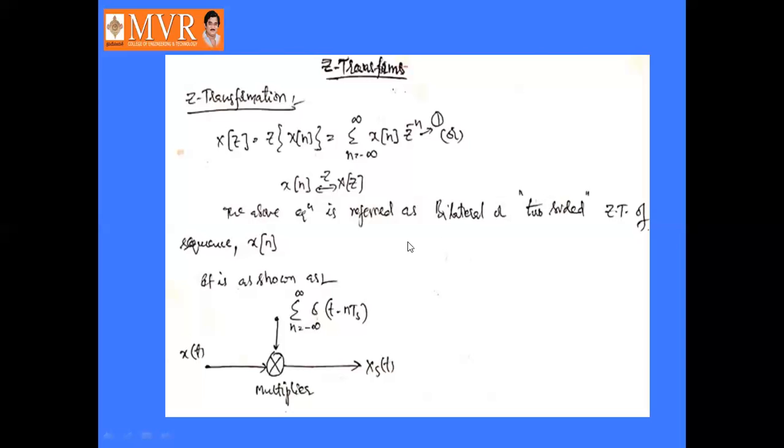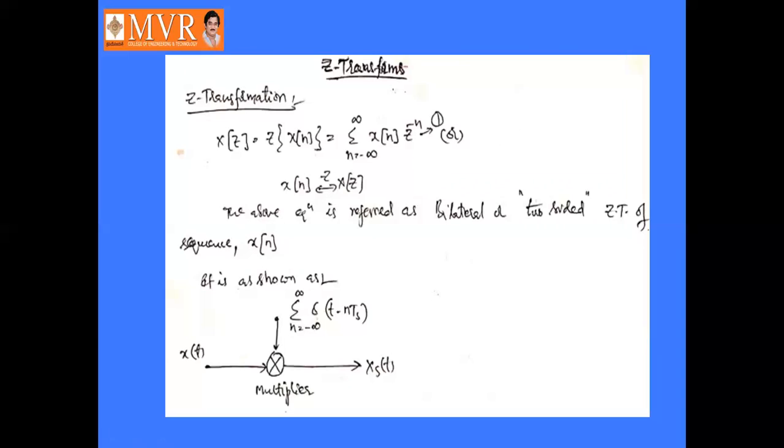It is shown diagrammatically here. This x of t is the input signal. This sigma n equal to minus infinity to infinity delta of t minus nTs is nothing but the train of impulses. These two are multiplied, so x of t is multiplied with the train of impulses, and we will get the discrete time signal at distinct instants of time, that is the discrete time signal x of t.